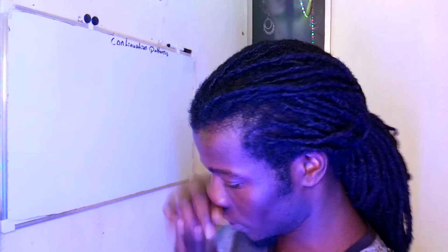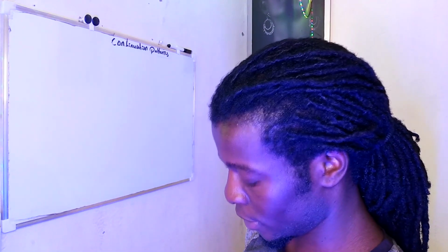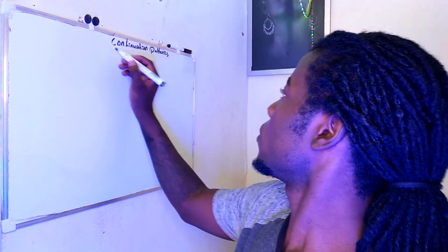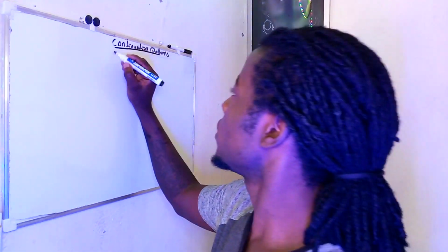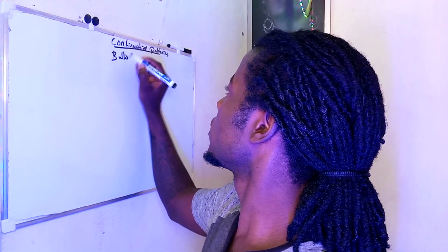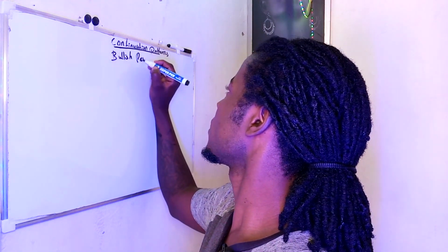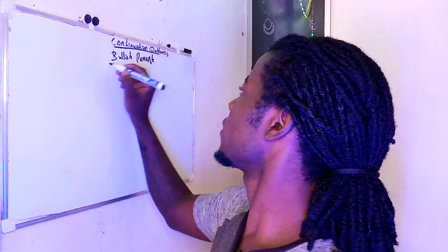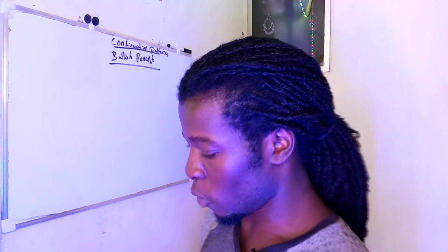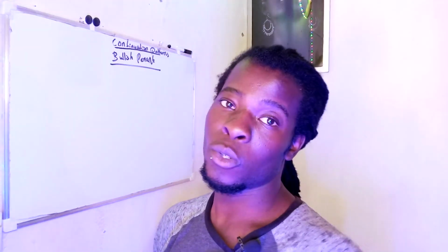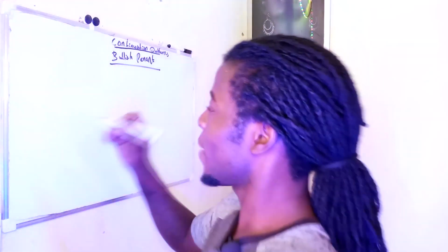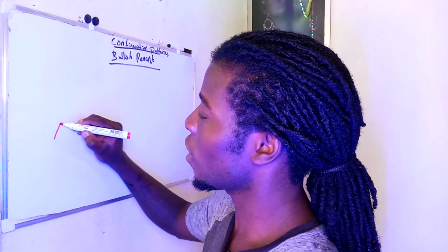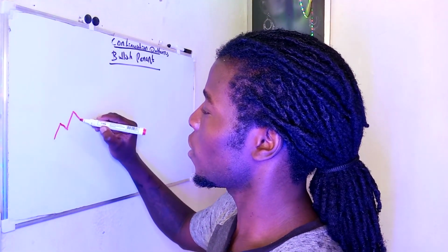The next one, we should talk about bullish pennants. We're still under continuation. So we have a bullish pennant. This continuation is also to the upper side. The market was giving us as usual high, low, high, low, high.